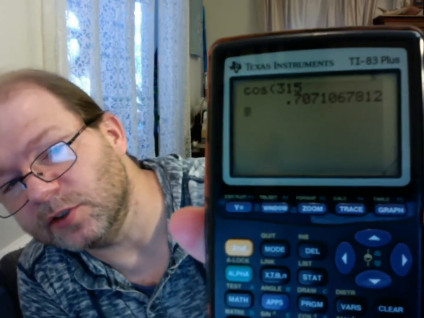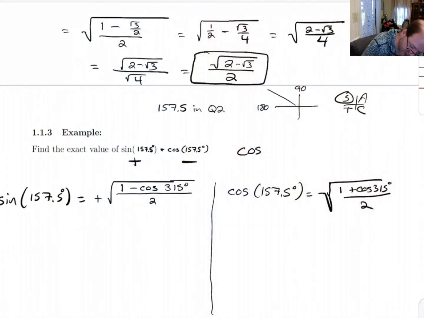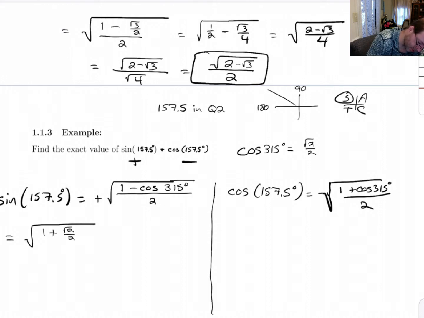That right there is the square root 2 over 2, and it's positive. So cosine of 315 is root 2 over 2. I'm just going to plug into both of these at the same time. The sine is going to be the square root of 1 plus root 2 over 2. Oh wait, no, it's minus.